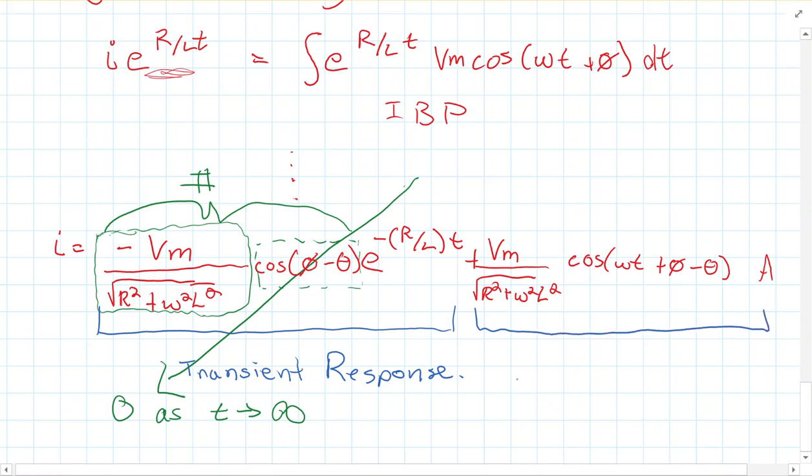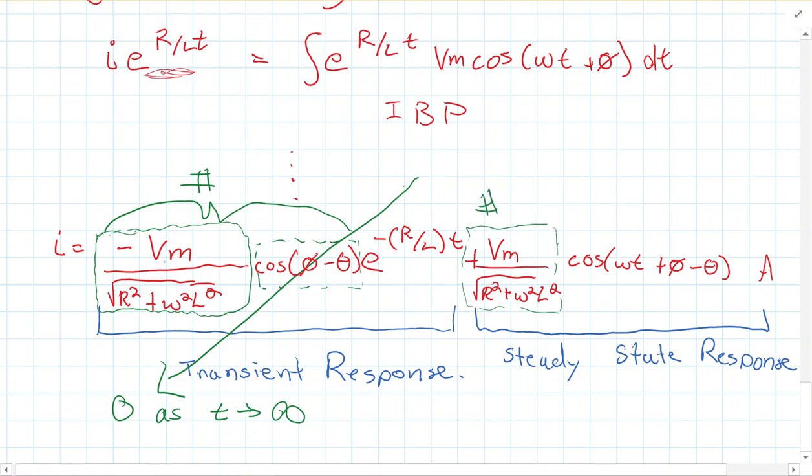This we call the steady state response. And let's examine why we call this steady state. So, well, again, what we have sitting out in front of here, this is just a number.